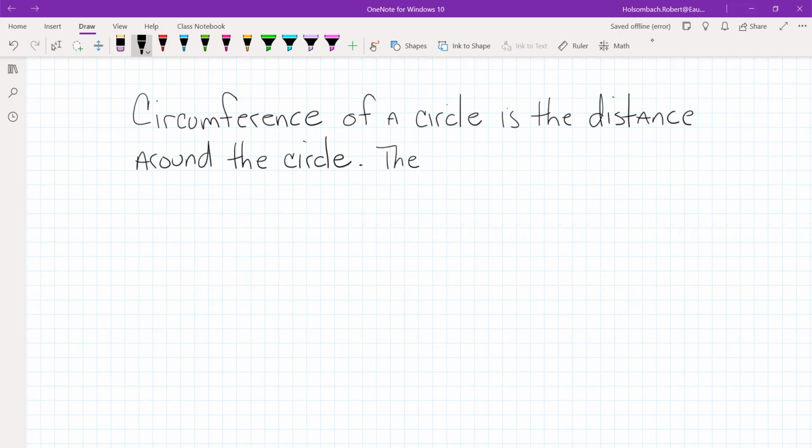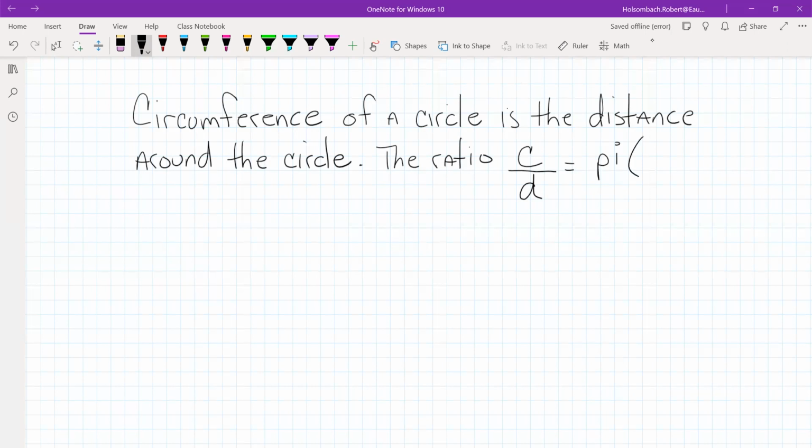The ratio, capital letter C, circumference divided by diameter, is equal to the irrational number called pi.